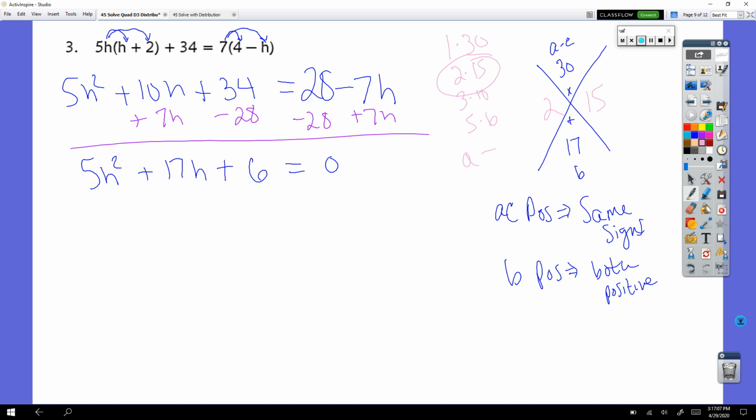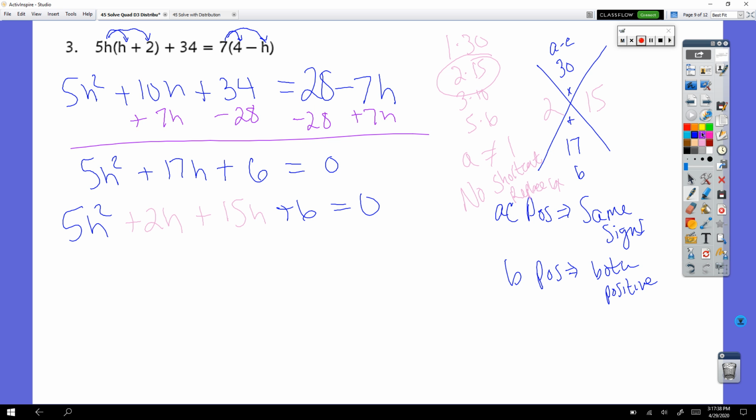And A is not equal to 1, so there's no shortcut. So I have to replace the BX. So I'm going to keep the 5h squared, and now I'm going to replace the 17h with plus 2h plus 15h. And then the 6 stays as it is, and keep this in equation with the equals 0.